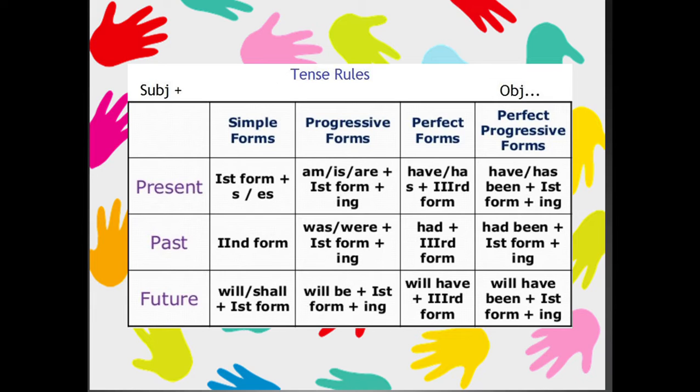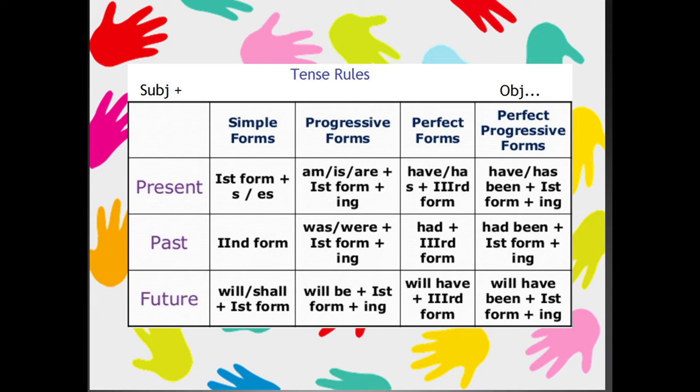For the third person singular, we use is. And for the plurals and you, we use are before the main verb. For perfect form, again, we use have, has, plus the third form of the verb. In perfect progressive form, we use have been, has been, plus the first form plus ing.